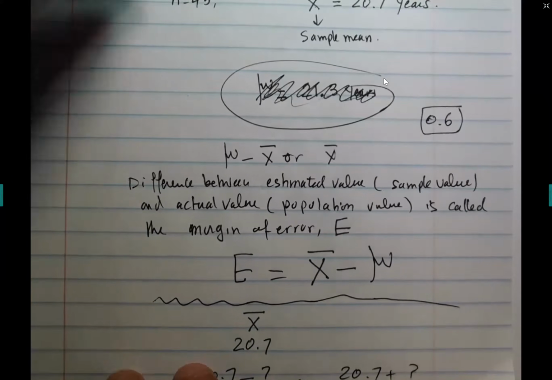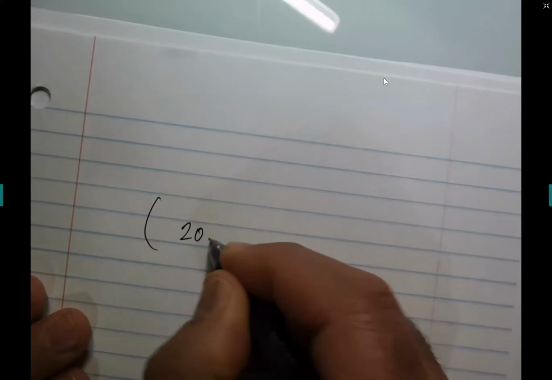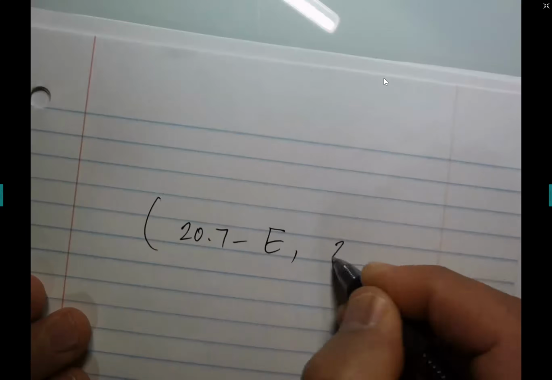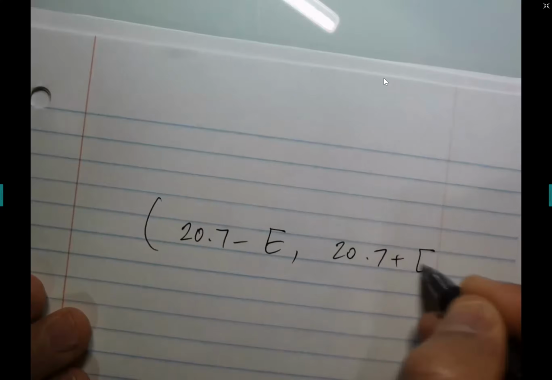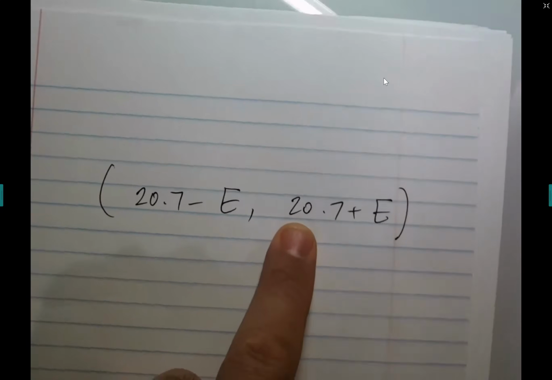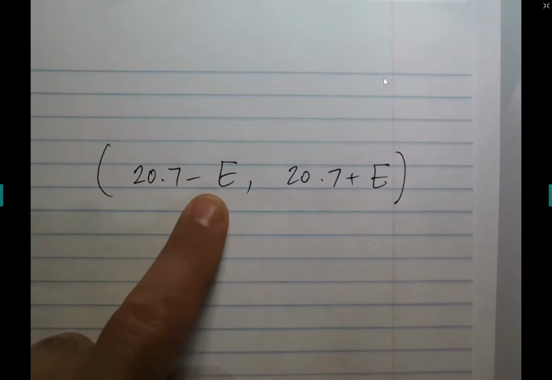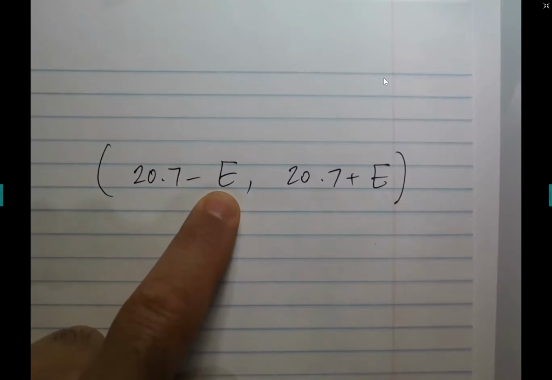So the interval that we're going to try to find is 20.7 minus the margin of error and 20.7 plus the margin of error. That would be the confidence interval. So the challenge is, how do I find the margin of error?